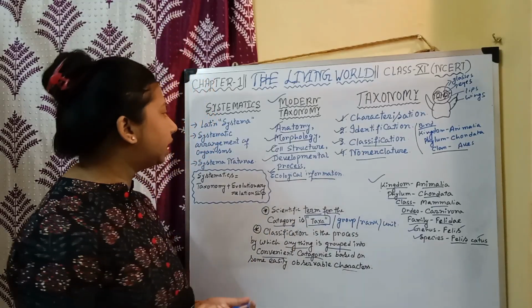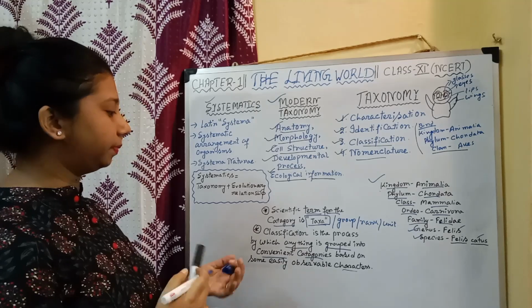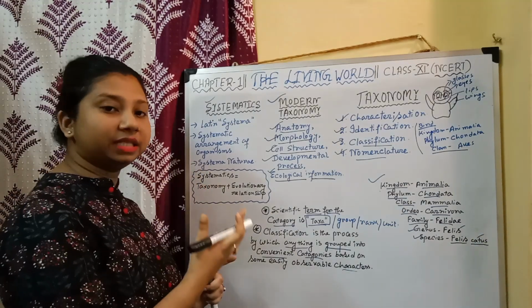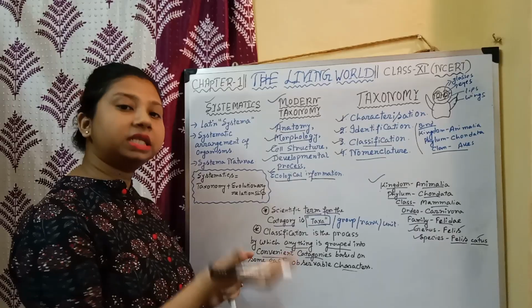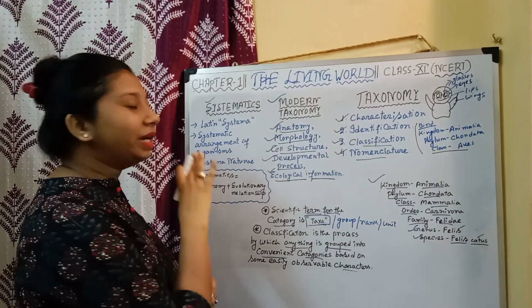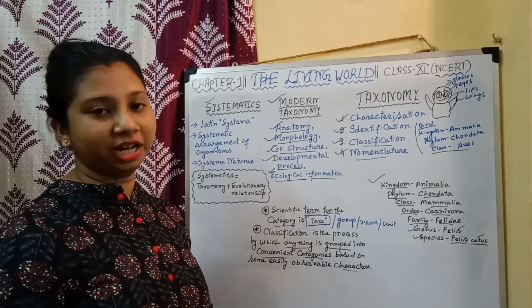Now we will study what systematics is. Systematics is very easy. If you understand taxonomy, systematics is easy for you. Systematics means taxonomy plus evolutionary relationship.